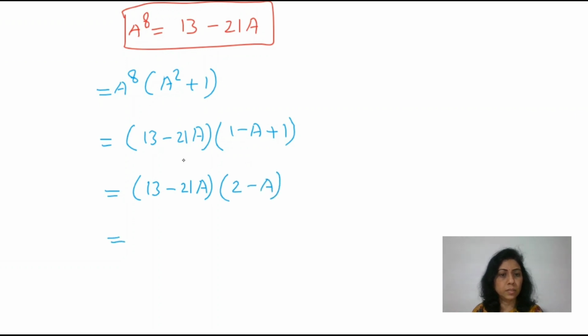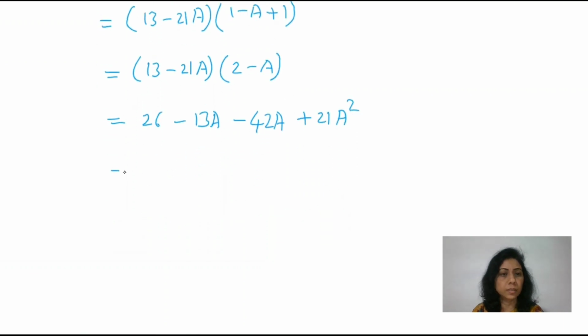Now open the parenthesis and multiply: 13 times 2 is 26, 13 times −a is −13a, −21a multiplied by 2 is −42a, and minus times minus gives plus 21a². Again we substitute the a² value: 26 − 13a − 42a + 21(1 − a).